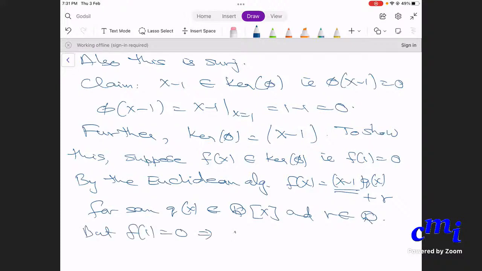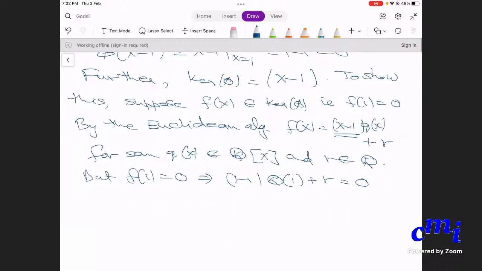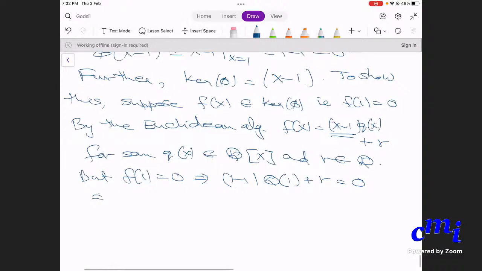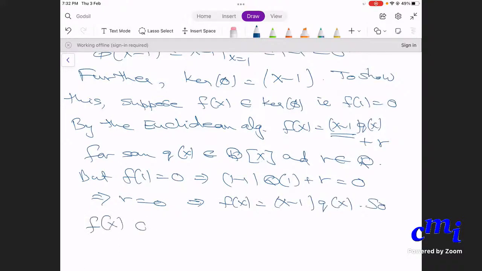If I set x equal to 1, it becomes 0 times something plus r, which is 0. This means r is 0. And this means f(x) equals (x minus 1) q(x), and so f(x) belongs to the ideal generated by x minus 1.